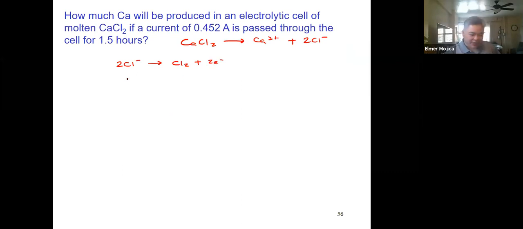And the other one, I have Ca2+ plus 2 electrons producing calcium. So which one is the anode and which one is the cathode here? Is this A or C? So which one is this? Is this A or C?